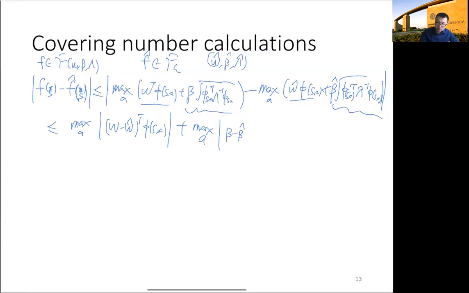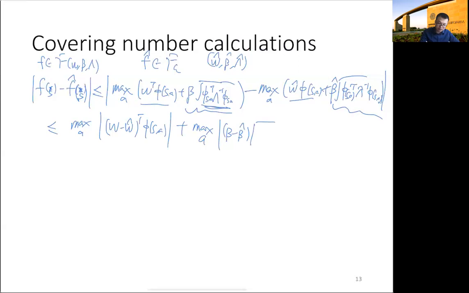But the second term is also different. We can address that by adding a term with beta hat but with the same second term, and then subtracting that term away, and then write a three-term triangle inequality decomposition.